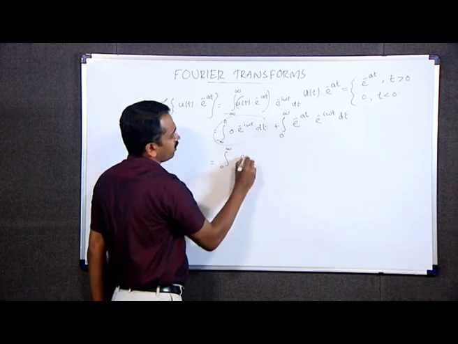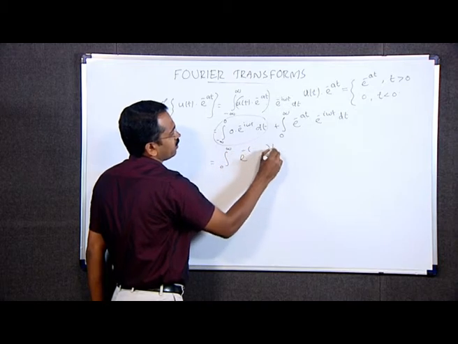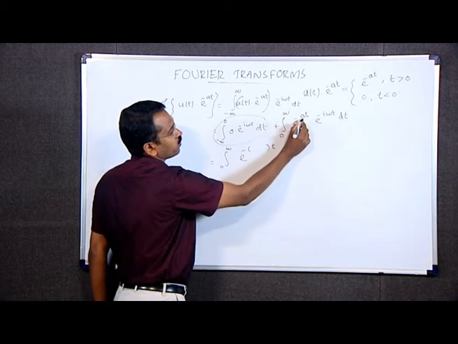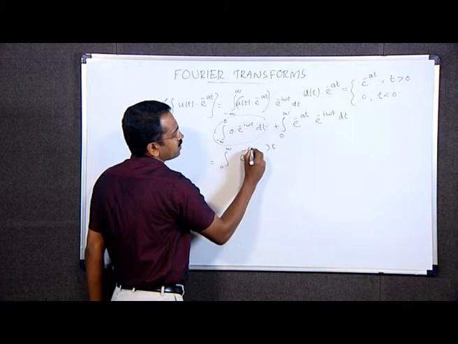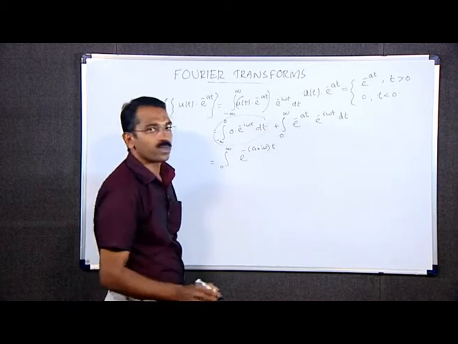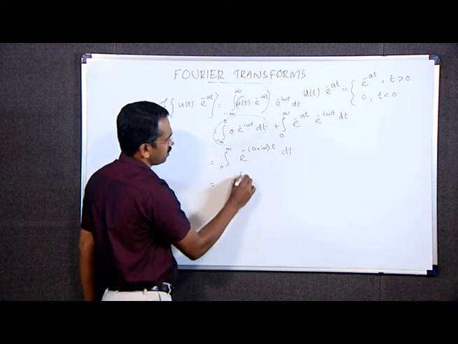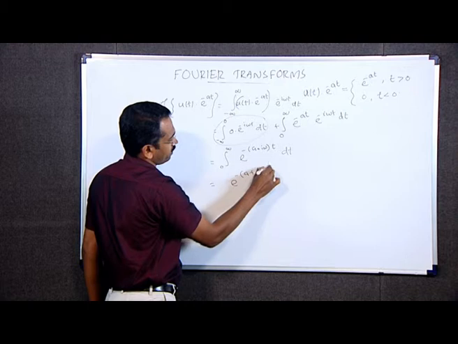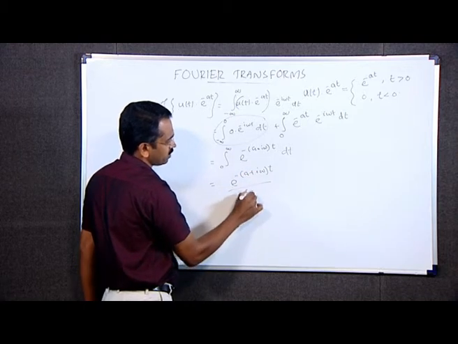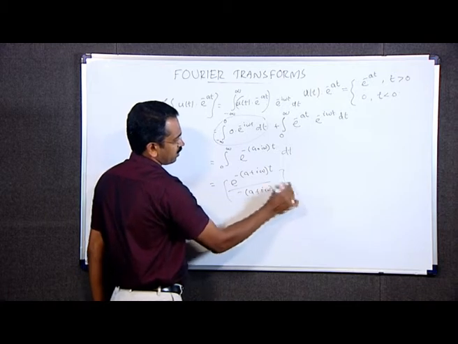Here we can write e^(−t(a+iω)) dt. On integration, we get e^(−(a+iω)t) divided by −(a+iω) between the limits 0 and infinity.